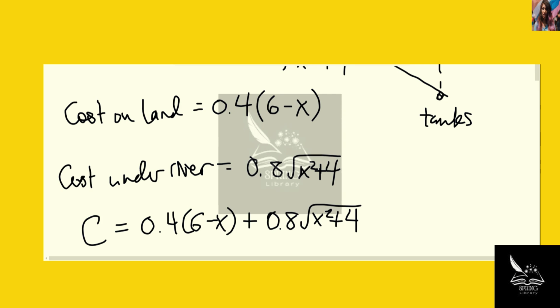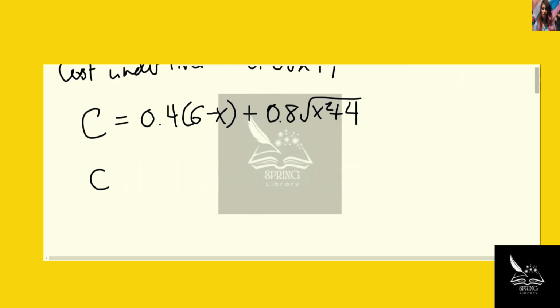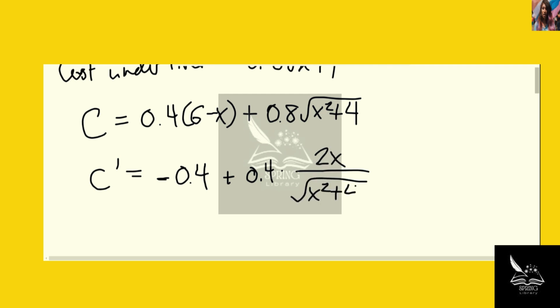Now to find the minimum cost, we want to differentiate our cost function and find the critical points. So we take the derivative, C prime. Well, this is going to be negative 0.4 plus 0.8 times 1/2, which is 0.4, times 2x over the square root of x squared plus 4.